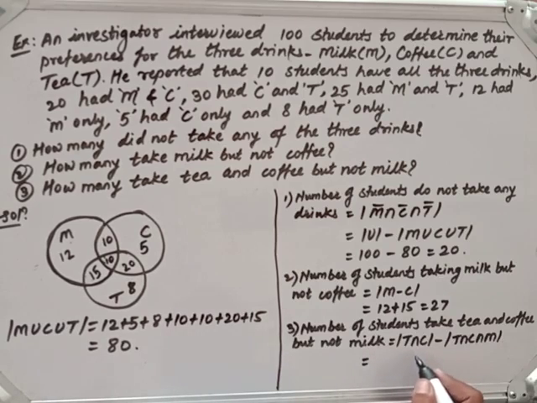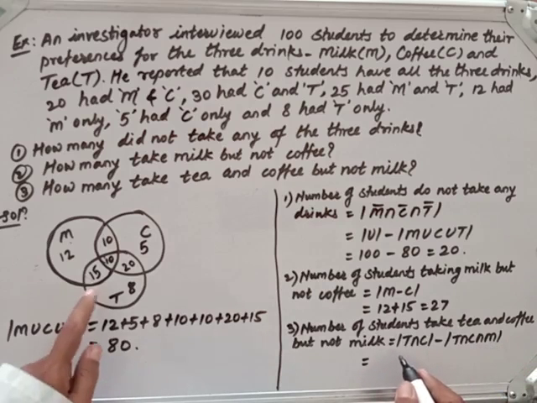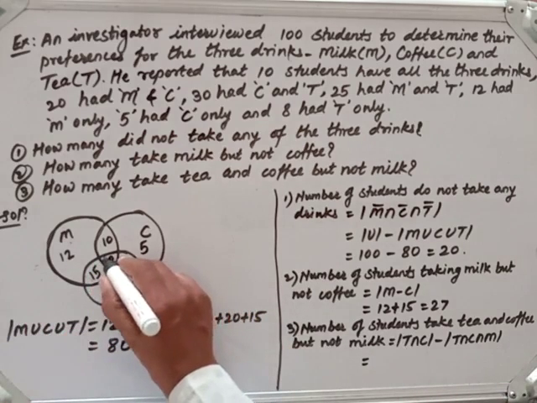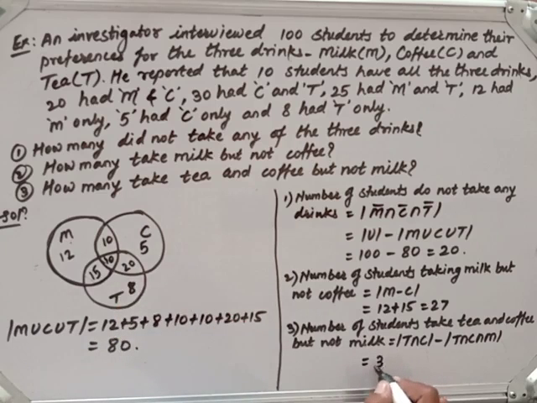T intersection C has this part: 20 plus 10, that is 30. Minus the intersection of all, which is this 10. So the answer will be 20 here. This is the solution for this question.